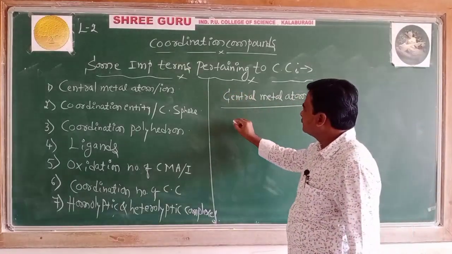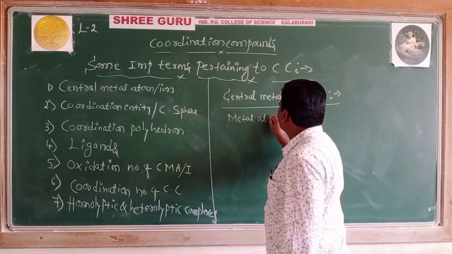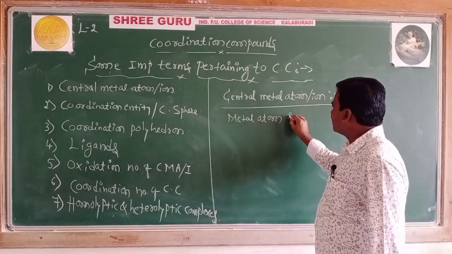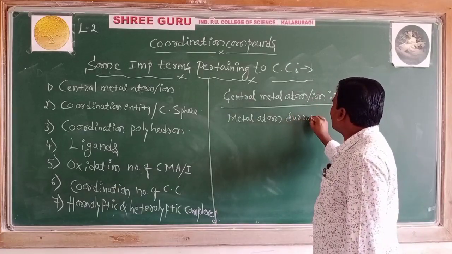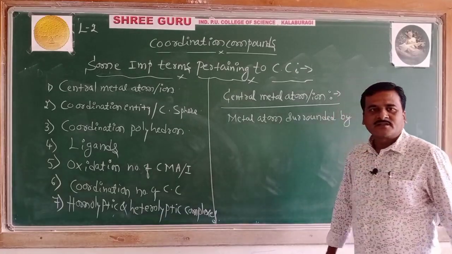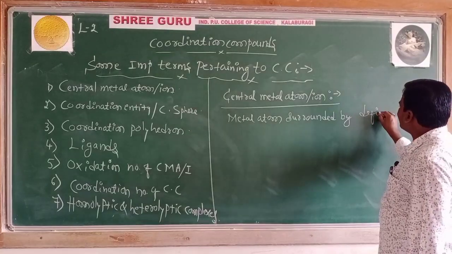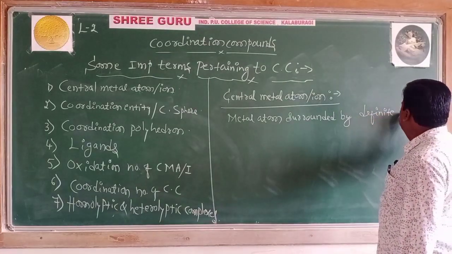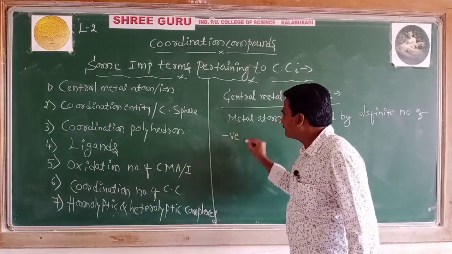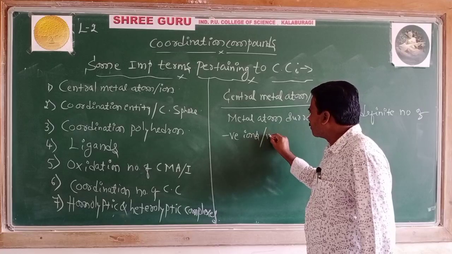Metal atom, understand it? Metal atom surrounded by a definite number of negative ions or neutral molecules.